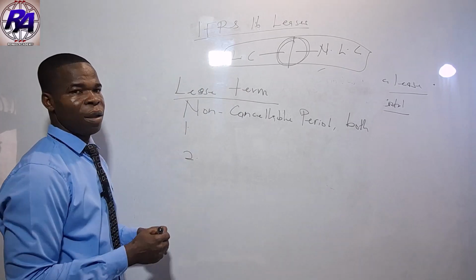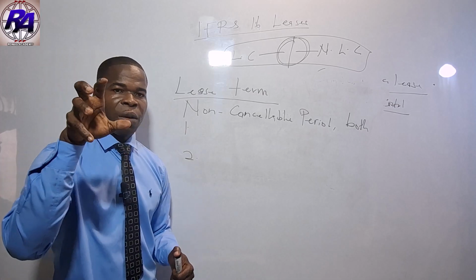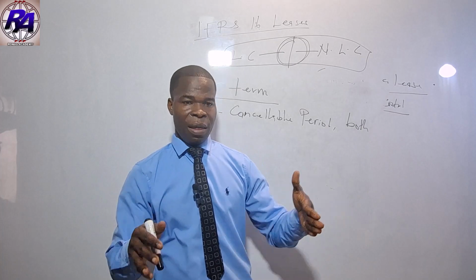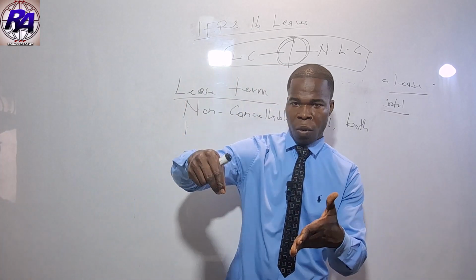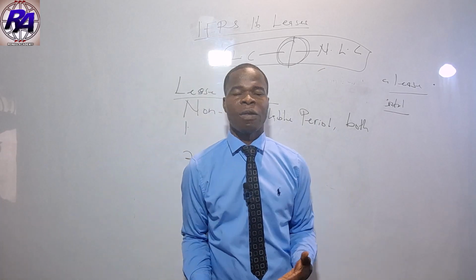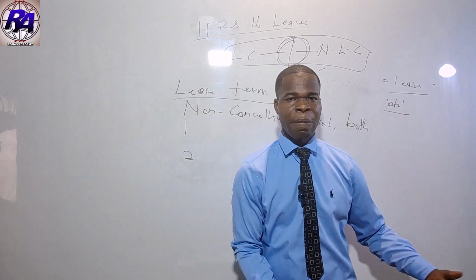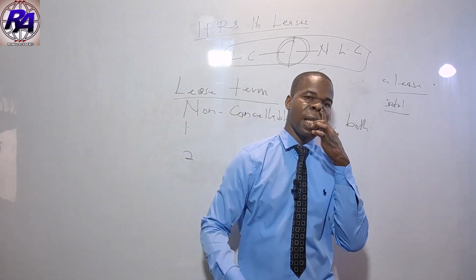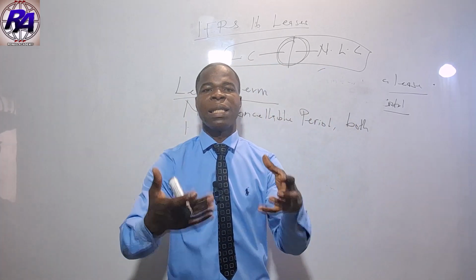We are coming to look at the two things. So, when we talk about the lease term, in actual sense, the lease term is basically the period for which the lessor provides the assets to the lessee. So, for instance, we can enter into a contract to lease an asset for 6 years, 5 years, 15 years, 20 years, 50 years. That is the lease term.